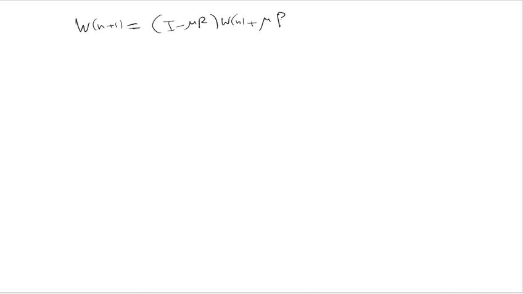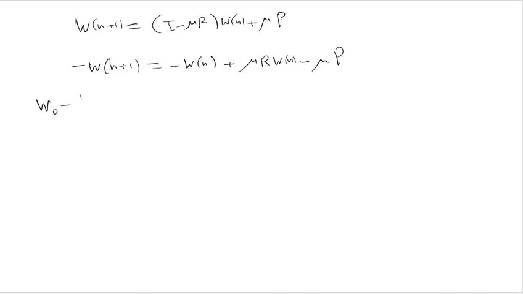I multiply minus 1 to both sides of this equality. I can rewrite this as minus Wn plus mu r Wn minus mu p, and then add W optimum to both sides.